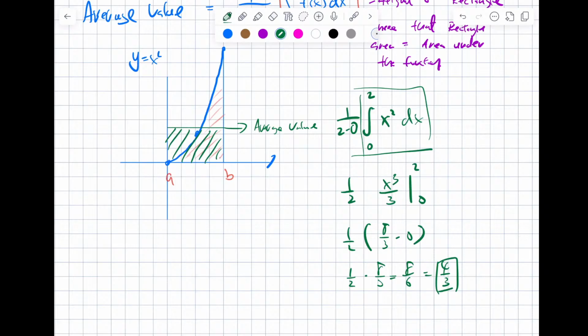So we know the 4 over 3. Why is it 4 over 3? Look here. This 4 over 3 is the height of this rectangle that is equal to this area under the curve.